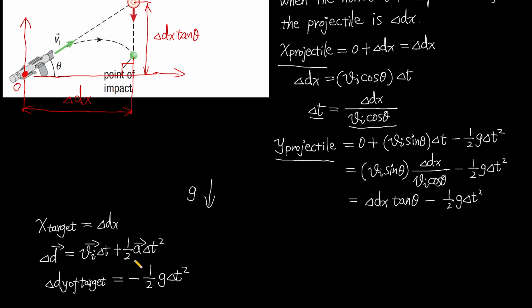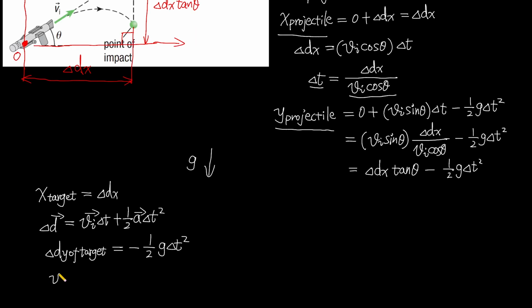And now we can get the y-coordinate of the target: it equals its coordinate at the beginning, delta dx multiplied by tangent theta, plus its displacement. Its displacement is negative 1 over 2 multiplied by acceleration g multiplied by delta t squared.